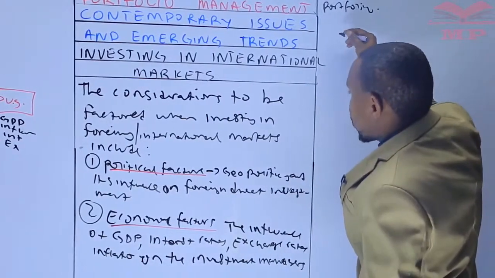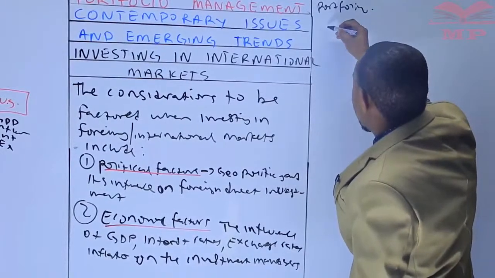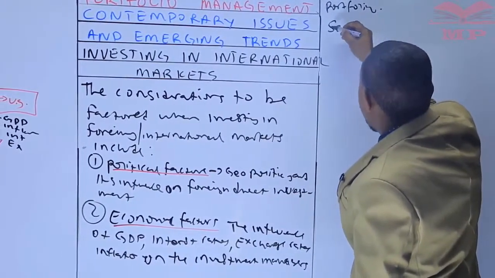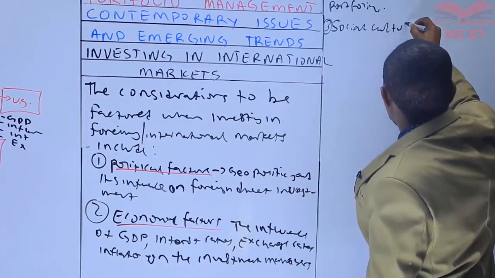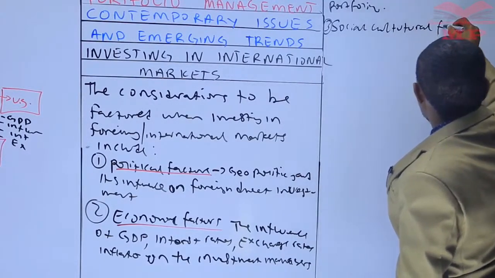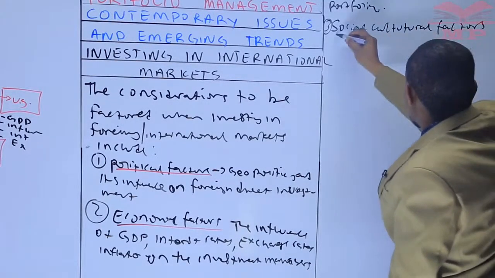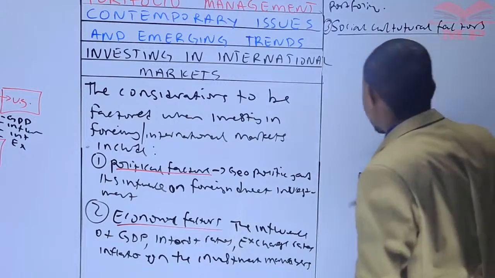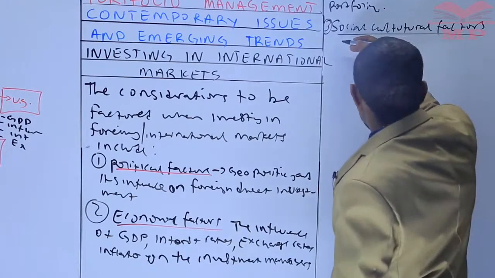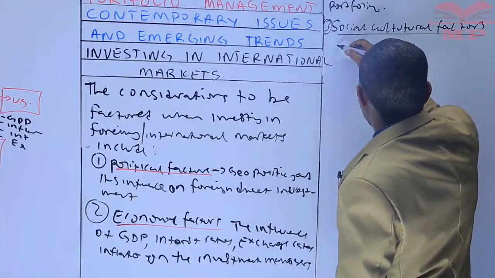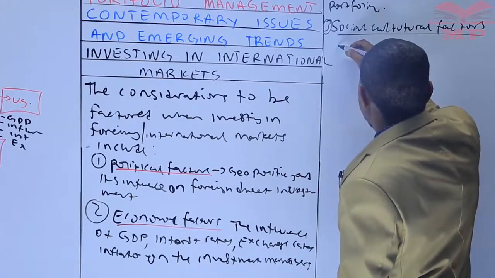Next point, we're talking about socio-cultural factors. Number 3, socio-cultural factors. We're saying these socio-cultural factors considered need to be based on cultures and beliefs.